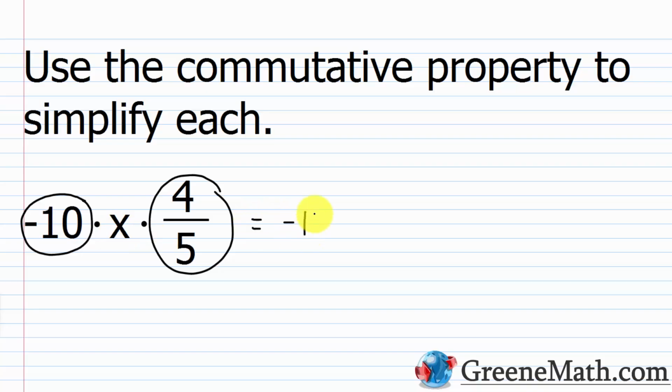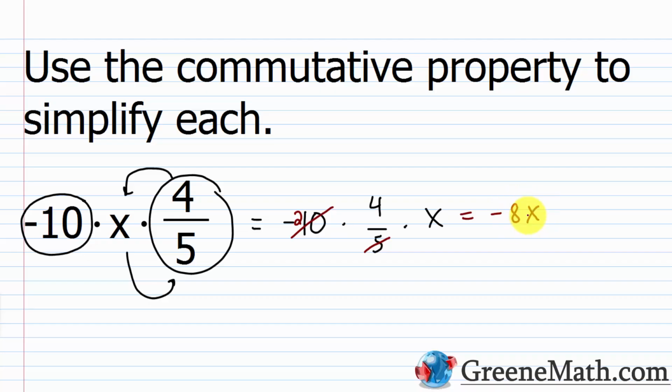So I'm going to write this as negative 10 multiplied by, I'll just switch the position of this and this. So 4/5 then multiplied by x. So now that they're next to each other, I can multiply. So negative 10 divided by 5 would give me negative 2. And then, of course, negative 2 times 4 would be negative 8. So this would end up being negative 8x.